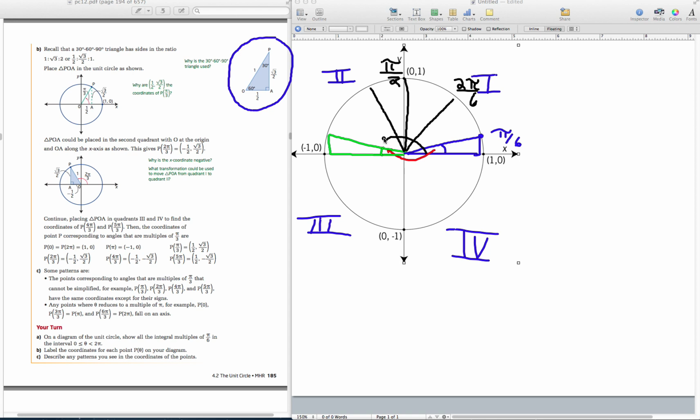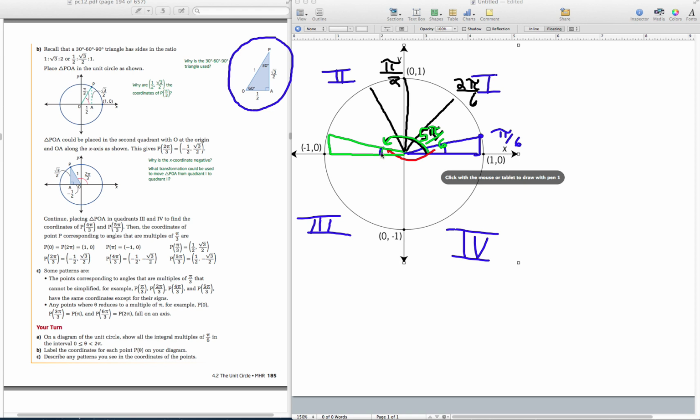So this whole thing here is going to be 5 pi over 6. That's going to be this whole angle here.